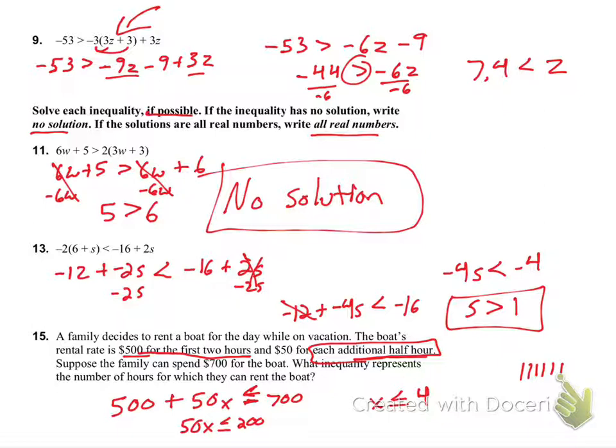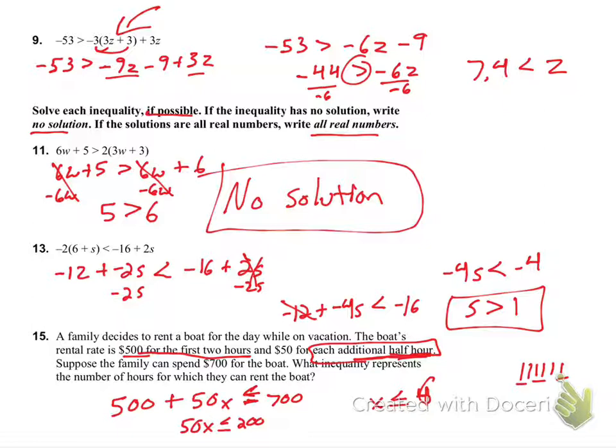So that would be x is less than or equal to 4. I think it should be 2, 4, 6. It should be 500, 600, 700. So I think it should be 6 because if it's for each additional half hour, that'd be $100 for each hour. Give me 1 second.